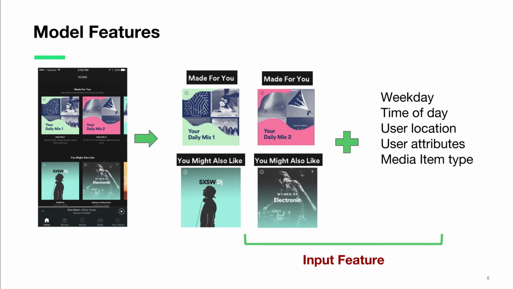At the very bare minimum, the features that we're going to need are the shelf name and the card URI, or media item URI. But we'd also like to add some additional contextual information, such as weekday, time of day, user location, user attributes, or media item type. On the right-hand side, this is going to be the basis of our input features.